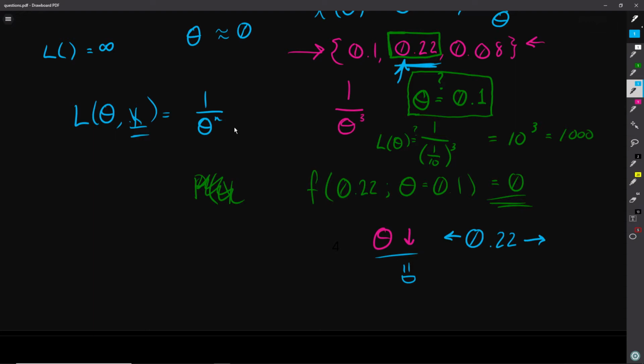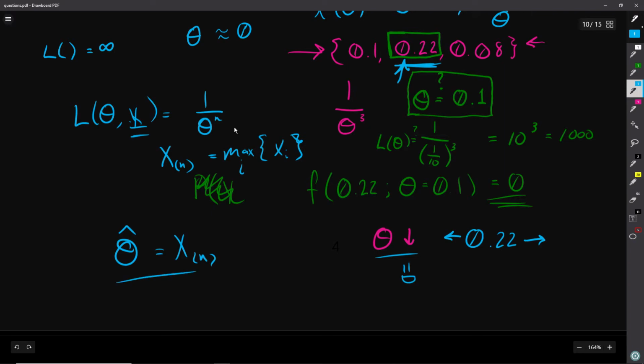But what we can also see right from reading this off is that we want theta to be as small as it possibly can, but the smallest that it can be is x_n, which is the same thing as the maximum over all of our x's. Okay? And so what this means is that our MLE is going to be the maximum observed value.